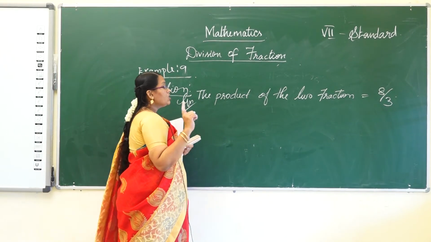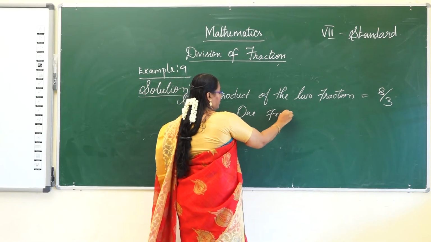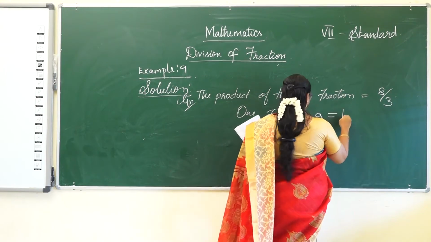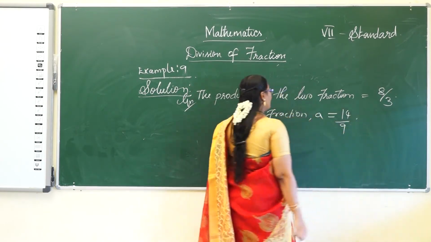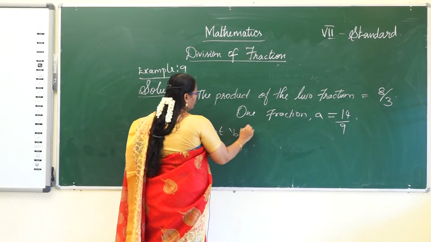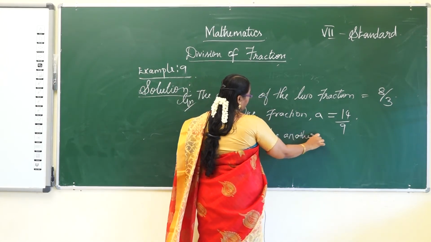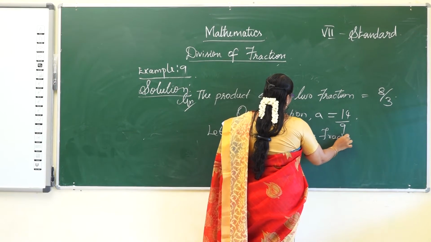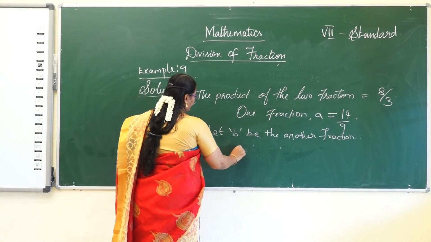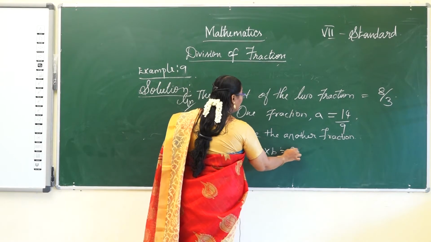If one of them, one fraction, we consider A, is equal to 14 by 9, what is the other fraction? Let B be the other fraction. The product of the two fractions means A into B is equal to 8 by 3.